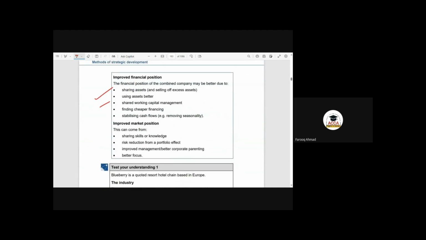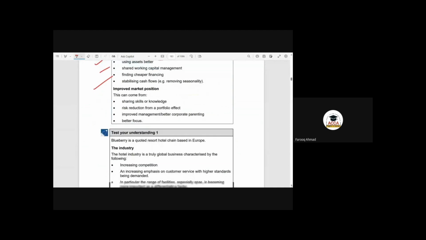If a major company acquires a smaller company, the smaller company will have an improved financial position, because its financial problems or excess assets will no longer be its problem. So there are advantages for existing businesses they can acquire, and they have an improved market position as well.